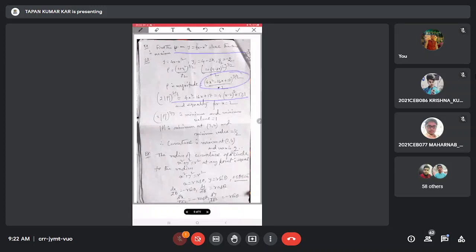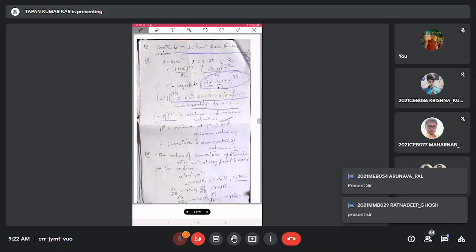It is shown that equality holds for x equal to 2, and this is minimum, sorry, curvature is maximum. So you have to find the minimum value of rho, and the minimum value is 1.